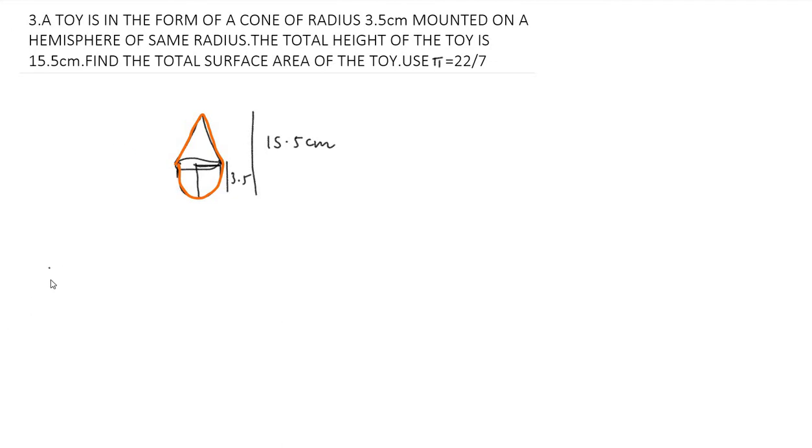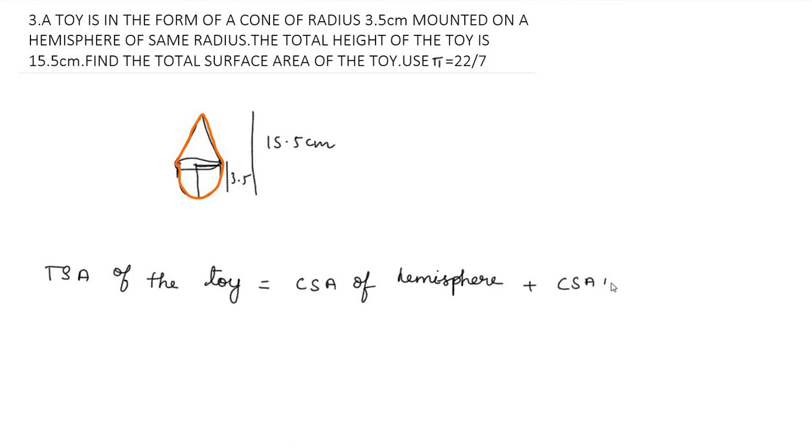So here TSA of the toy, that is total surface area of the toy, is equal to CSA of hemisphere plus CSA of a cone.